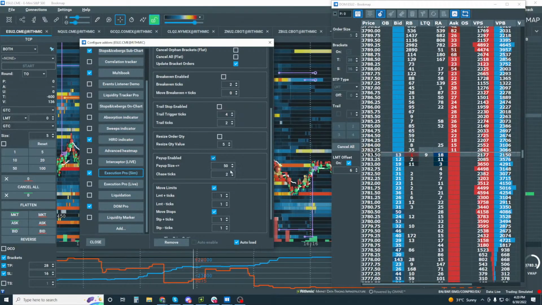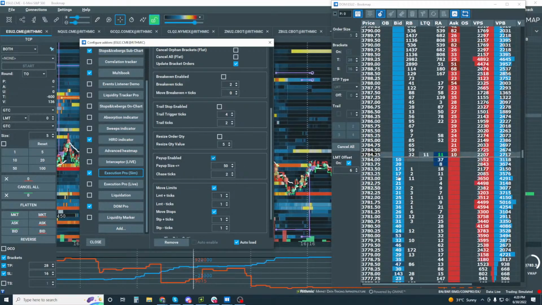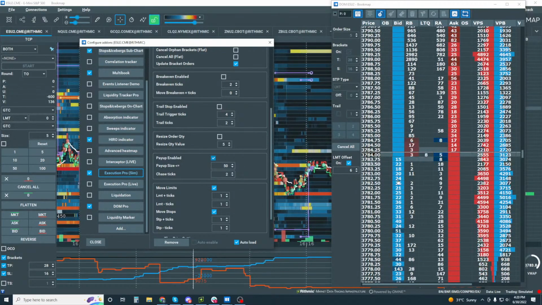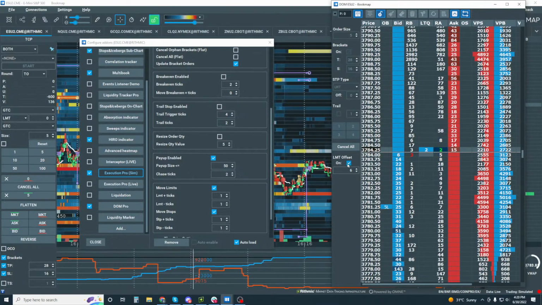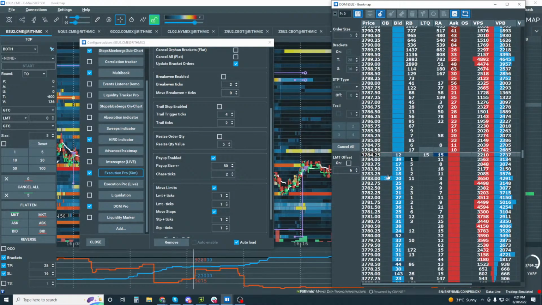So let's suppose that you place your order here, and you want to get filled. Let's deselect that. You want to get filled here at 83 with your 5 limit order.